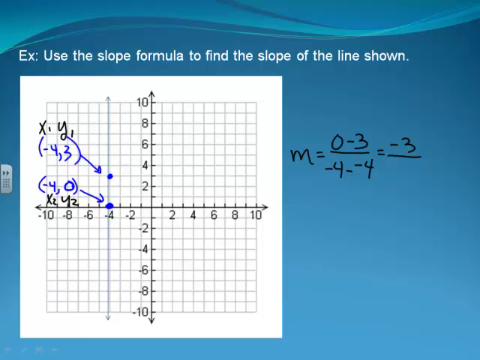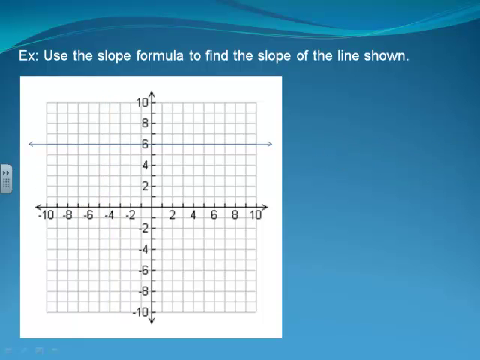Down here in your denominator, minus a negative is the same as adding a positive. So negative 4 plus 4 is 0, and anything divided by 0 is undefined. So the slope is undefined, which is what we said was always true for a vertical line. Vertical lines have undefined slope.